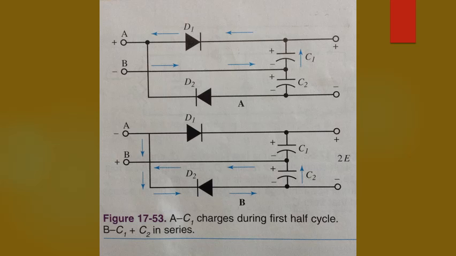Current flows through D2 to C2, charging it to the noted polarity to point B. Notice that during one cycle of an AC input, capacitors C1 and C2 have been charged, so that the voltages across C1 and C2 are in series. The output is taken from across these capacitors in series. The output voltage is the sum of both voltages, or twice the input voltage.